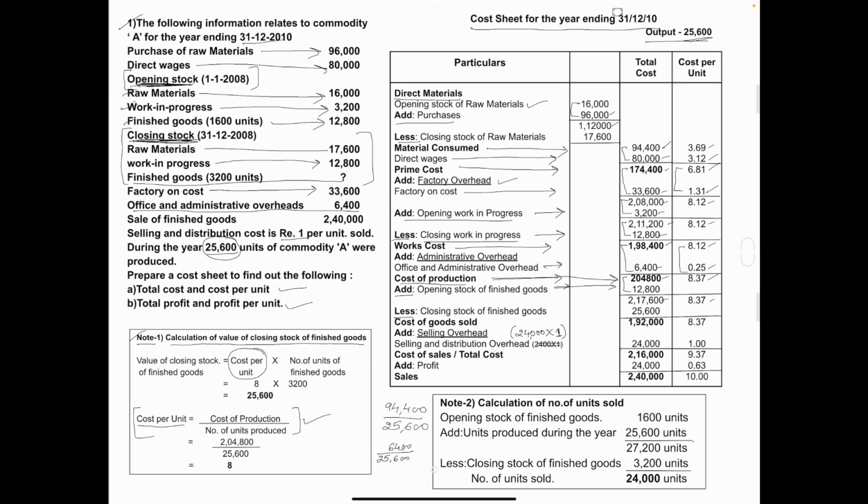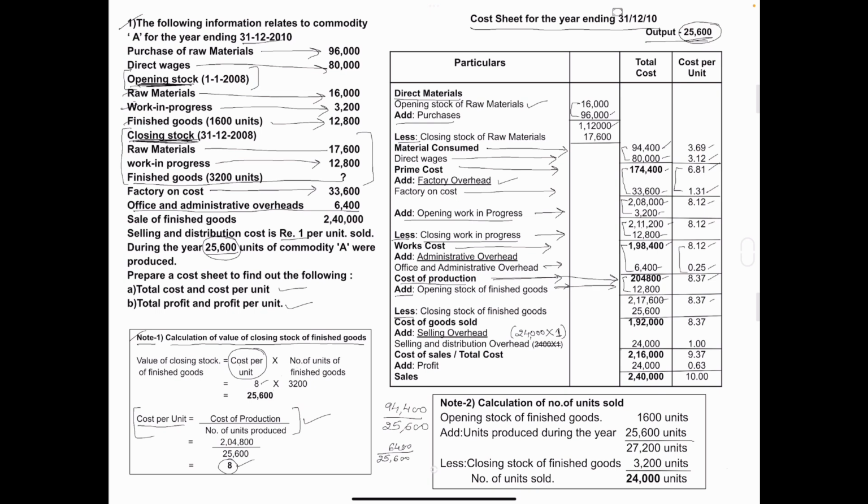We have to write here 2,04,800. Number of units produced. During the year, how many units they have produced? 25,600. So we write here 25,600. 2,04,800 divided by 25,600, you will get 8. So the cost per unit amount is 8. Now take this 8 here under cost per unit, 8 into number of units of finished goods.